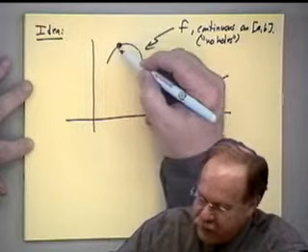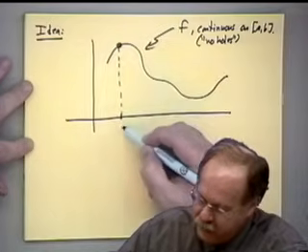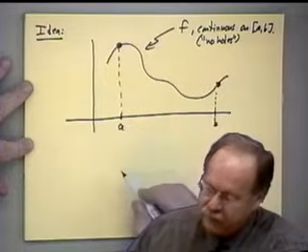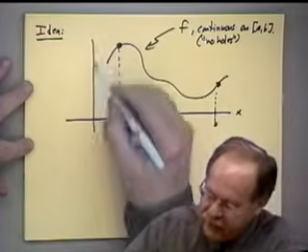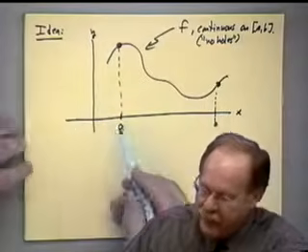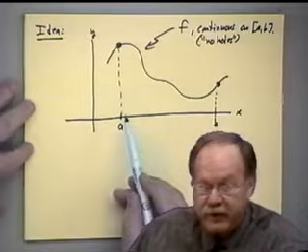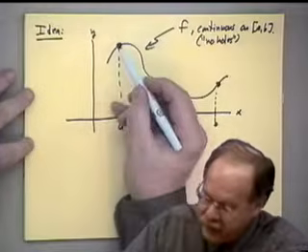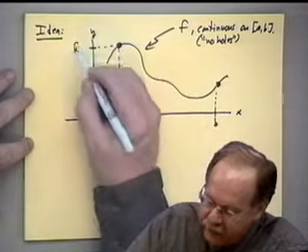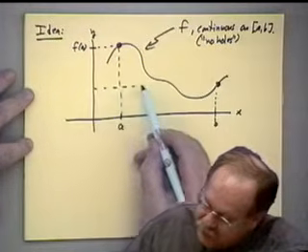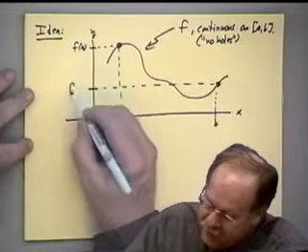So let me mark a point A here, and some point over here for B. And this is the x-axis, and this is the y-axis. Now, the theorem refers to f of a and f of b, so let me mark those also. Here's a. This, then, is the height f of a. And here's b, so this must be the height f of b.